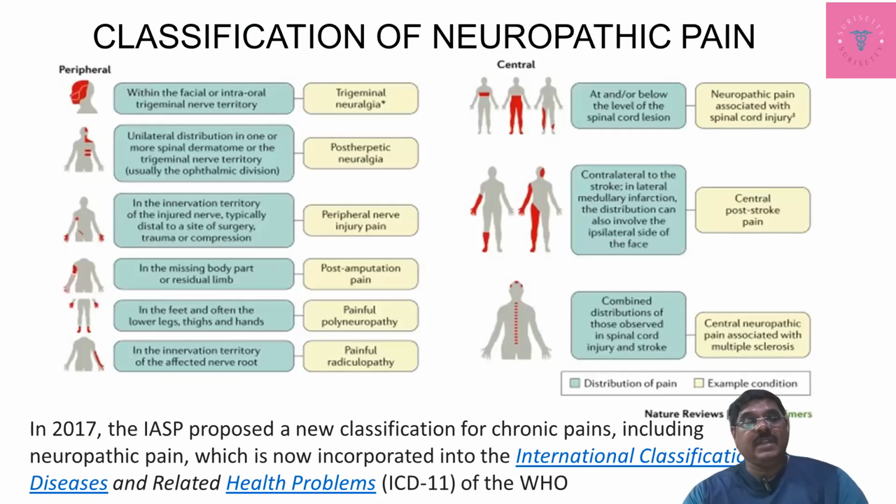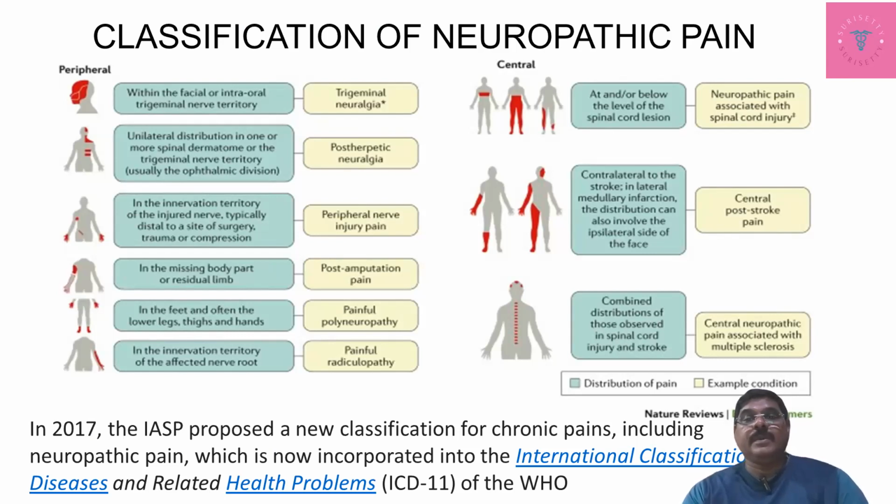In 2017, the IASP classified neuropathic pain into peripheral neuropathic pain and central neuropathic pain. Peripheral neuropathic pain is usually caused by a single nerve or a group of nerves that causes pain in the peripheral areas. This pain usually does not directly involve the spinal cord or brain. That's why it's called peripheral neuropathic pain.